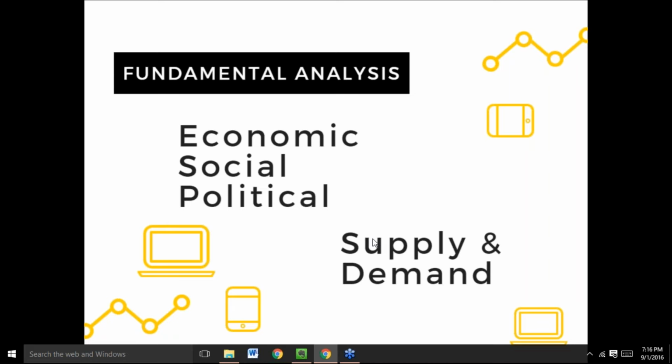So fundamental analysis deals with social, economic, and political factors. It basically covers everything that happens in an economy that can trigger changes in the supply and demand of its currency. To further explain this, we need to go back to Economics 101, supply and demand.